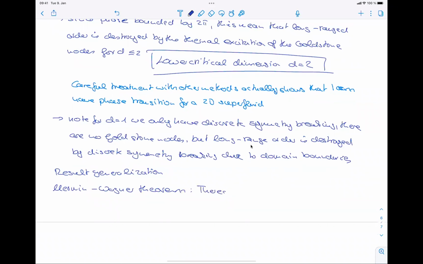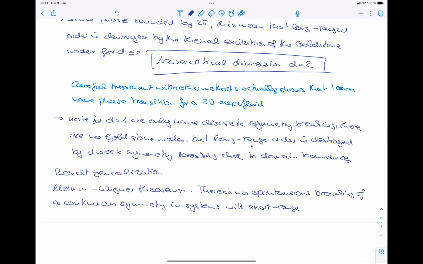But I'd like to mention it here just because it concludes this topic. And it states that there is no spontaneous breaking of a continuous symmetry in systems with short range interactions in dimensions d smaller or equal to 2.